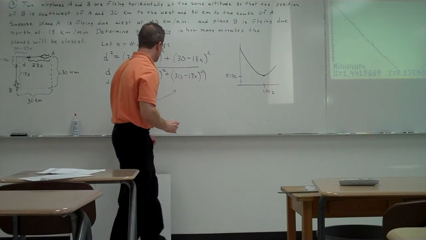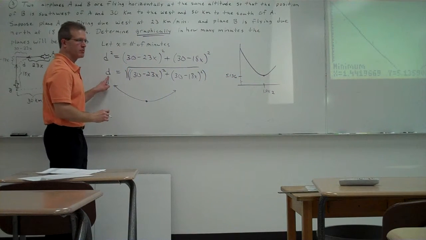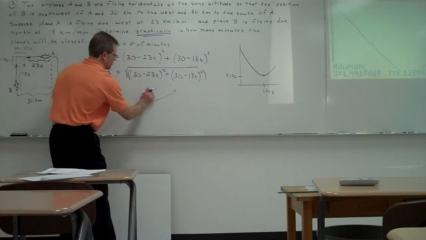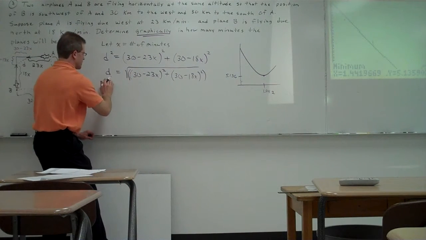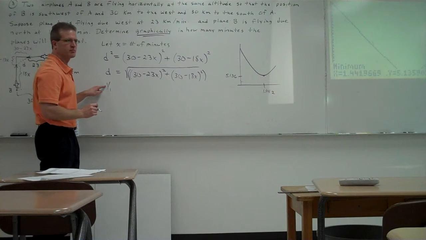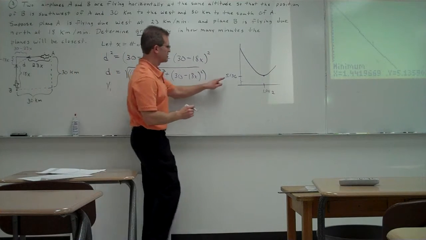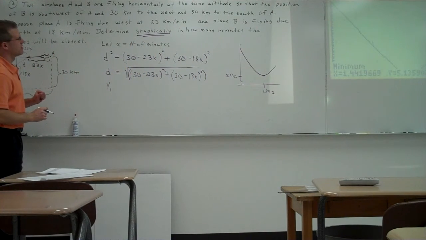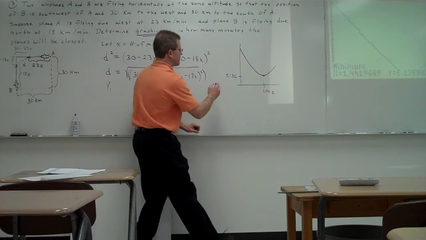Now think about when you type this in. We didn't type D here, did we? What did we type right there? Y. That's my Y1, right? When we type this into our calculator, this was Y sub 1. What does the Y represent in this problem? Distance. So what would be our label on that then? Kilometers, yep.